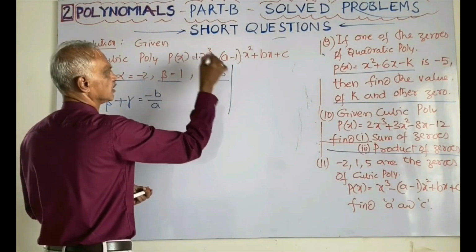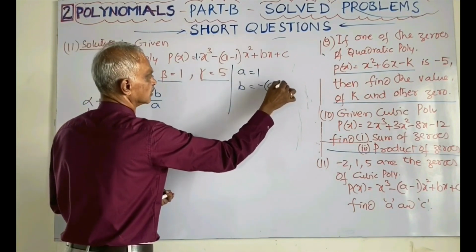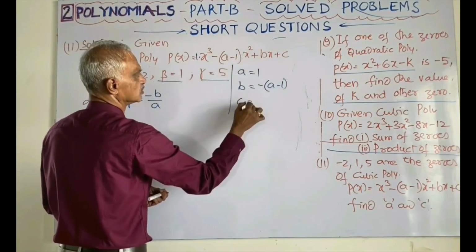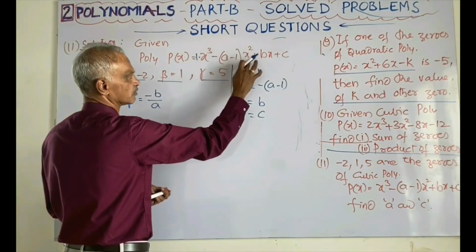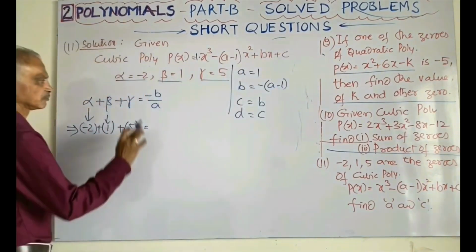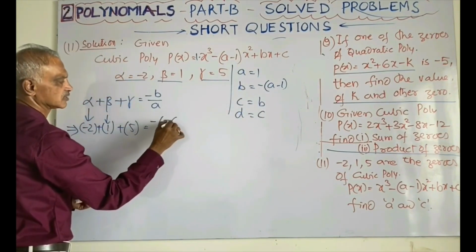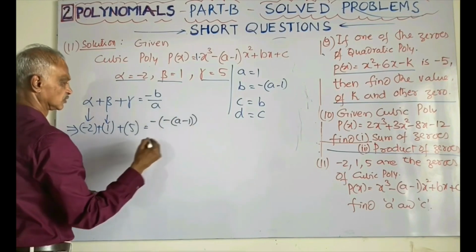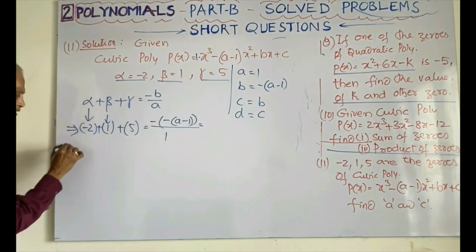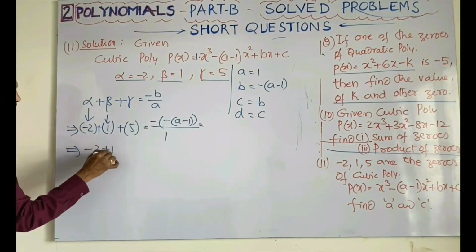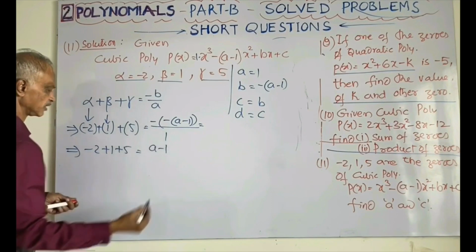Here the coefficient of x cube is 1, so A is 1, b is minus (a minus 1), c is b, and d is c, in ax cube plus bx square plus cx plus d. So minus 2 plus 1 plus 5 is equal to minus into minus, which gives a minus 1.